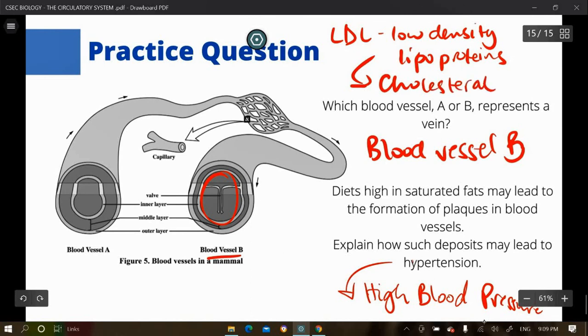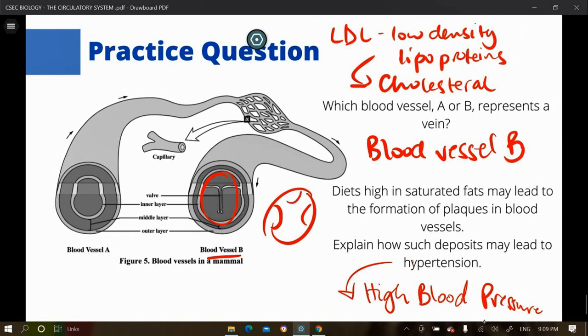Plaque will start to build up on the walls of the blood vessels, and this is making the space for blood to flow way smaller. When it's smaller, blood is going to be pumped at a higher pressure. I don't know how many of you do physics, but pressure is equal to force over an area.